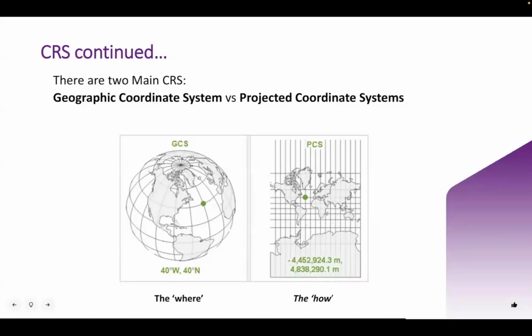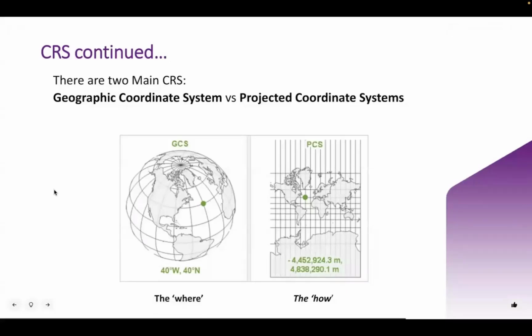And then the projection on the right is the projected coordinate system. This is how we translate the 3D globe into a 2D map, optimizing for area, distance, and direction. So for example, a crime heat map for a city may use a local projection, like the British National Grid, for better accuracy.